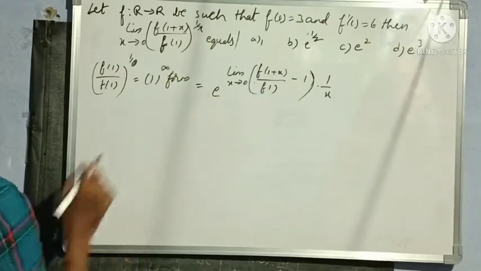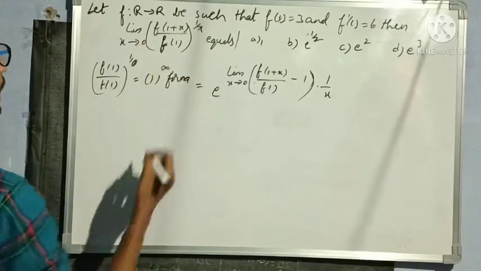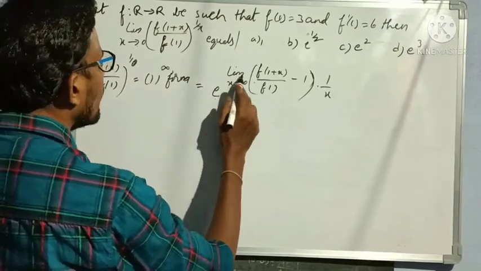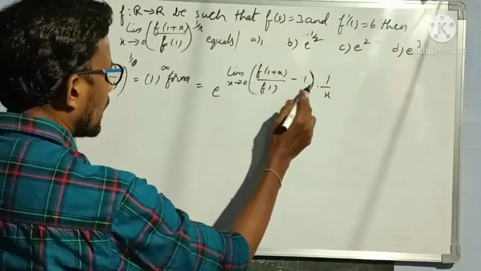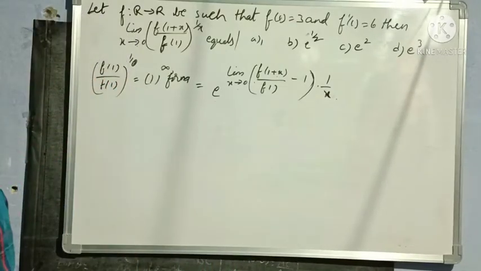So this is the formula. When the limit is of the form 1 power infinity, then we can write this as e power limit x tends to 0, f of 1 plus x by f of 1 minus 1 into 1 by x. Okay.